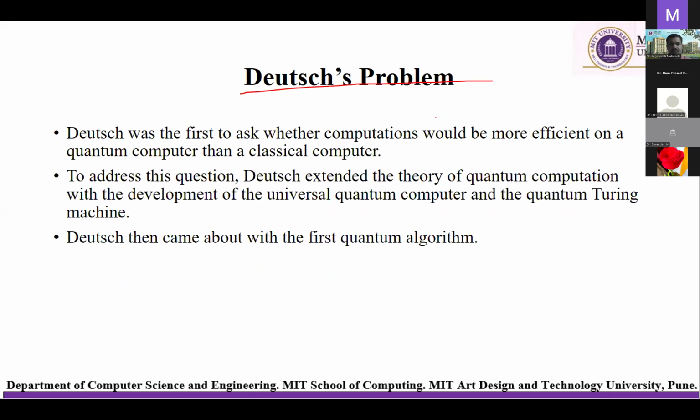Then here we'll consider one of the first problems considered in quantum computing, which was defined by Deutsch. Deutsch was the first to ask whether computations would be more efficient on a quantum computer than on a classical computer.